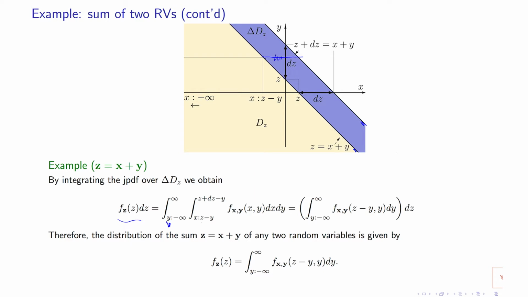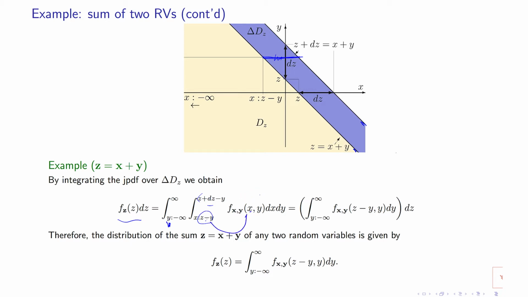If this dz is very, very small, you could say that this function remains constant. Because it is constant, this function takes its value at this point or this one. So this function at point x takes the same value that it takes at this point and this point. So you could say that I substitute this x by this one.